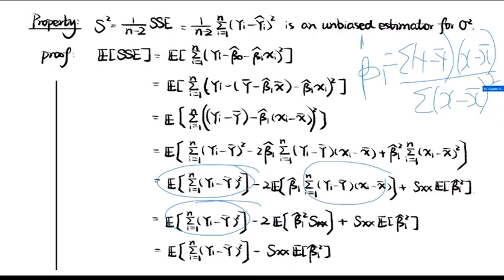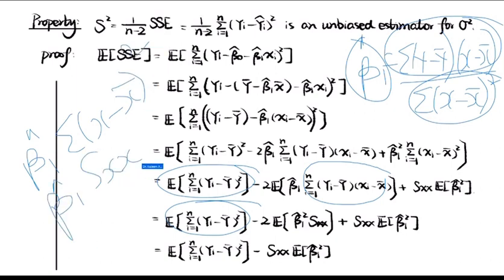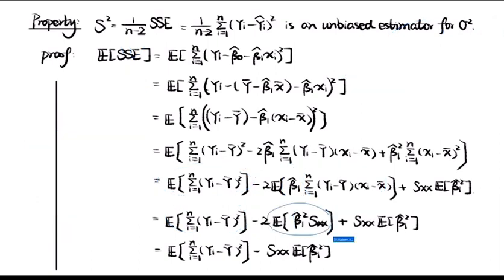If I want to find this guy now, it's just going to be this times this, which is going to be beta 1 cap summation x minus x bar squared, which I can also rewrite as this, right? If that guy is multiplied by beta 1 cap right now, it's going to be beta 1 cap squared, because of this guy. That was how we actually got this guy. So the whole of this has been reduced to that. And of course, we still have this here intact.